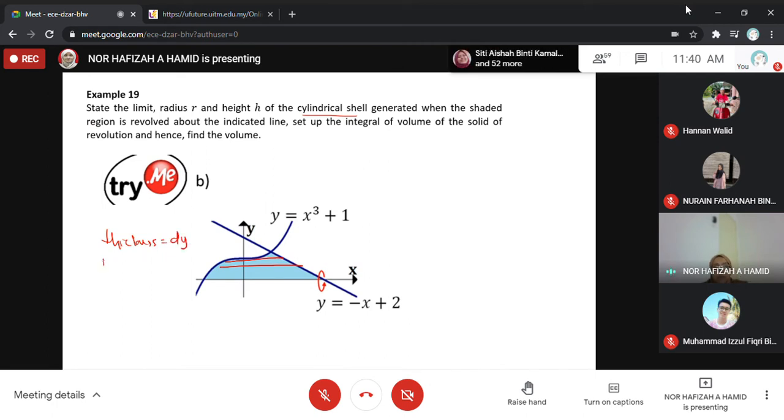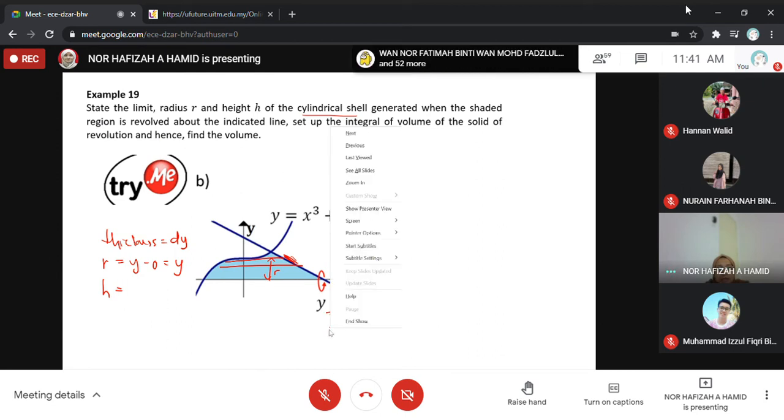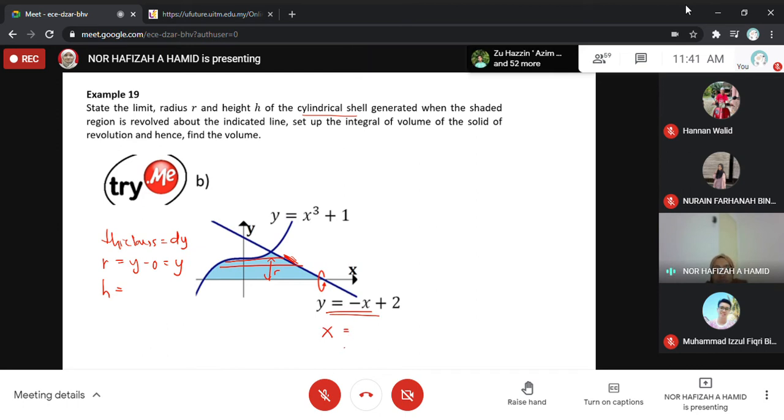and you need to define r. So r here is y minus 0, so you have y, and h is the length of the strip, so the length is right minus left. So the right function needs to be converted, so derive x. So x is equal to 2 minus y. And this one, similarly, I derive x is (y minus 1) to the power 1 over 3.